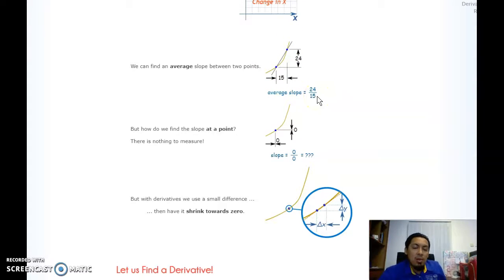But that is not really accurate because it is not a straight line. To find the exact slope, we need to zoom in. When you zoom in, it becomes micro, so the difference will approach 0, and using this formula there will be nothing to measure.